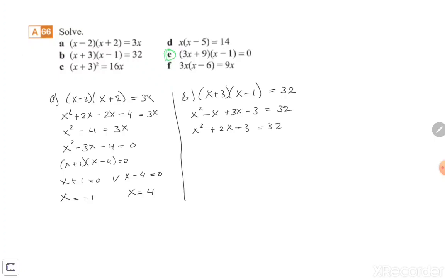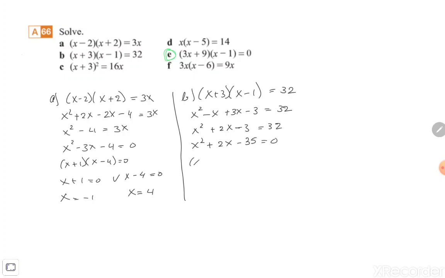And you need to make the right side equal to 0, so subtract 32 on both sides. Then you get x squared plus 2x minus 35 is equal to 0.